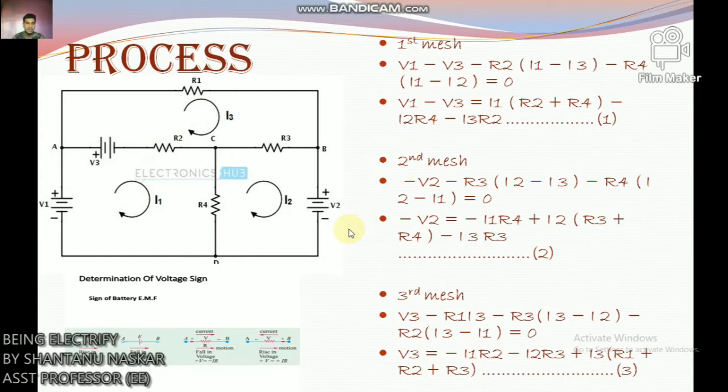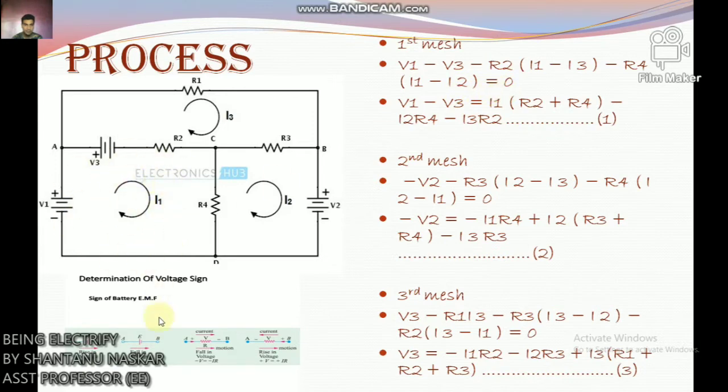By applying KVL around the first loop, we get V1 minus V3 minus R2 within bracket I1 minus I3, minus R4 within bracket I1 minus I2, equals 0.